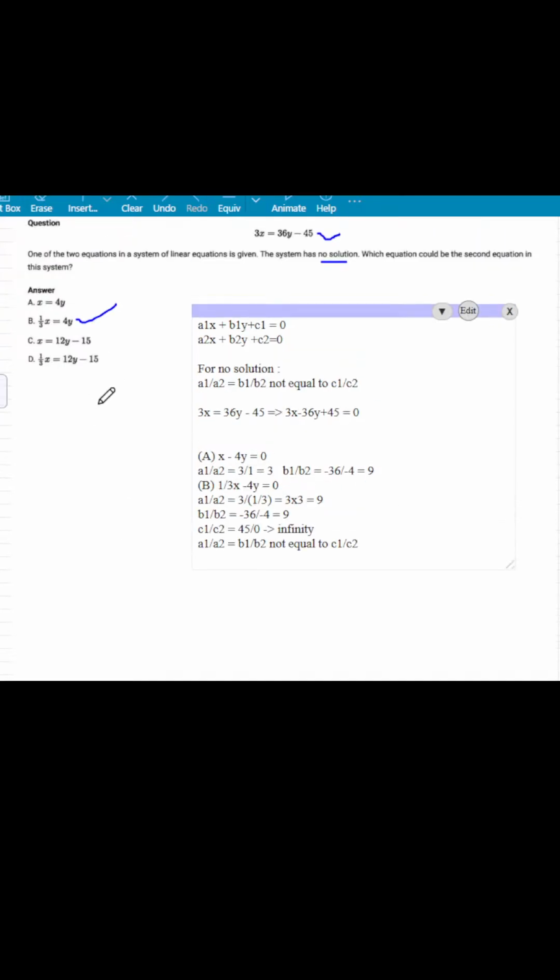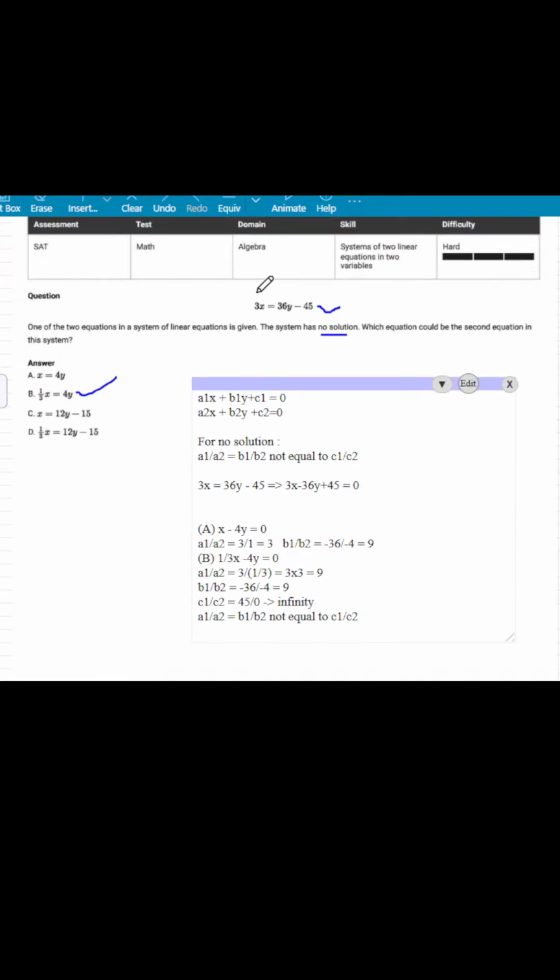And if you check for C, then for C also, if you notice, the a1 by a2 ratio and b1 by b2 ratio are equal, because C can be written as x minus 12y plus 15.